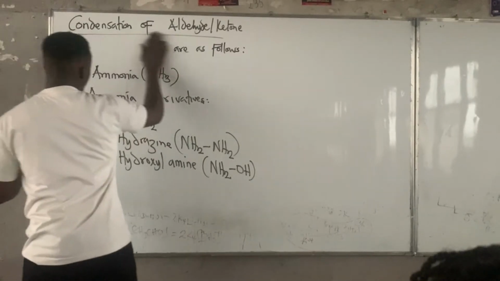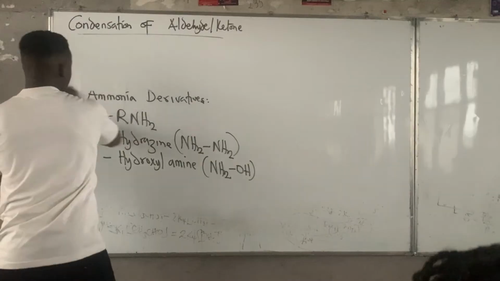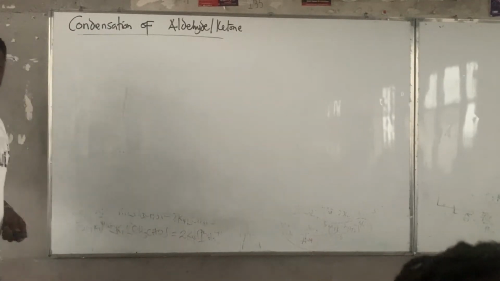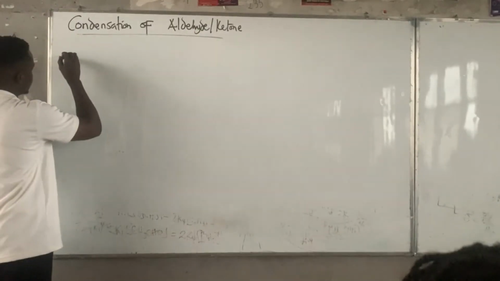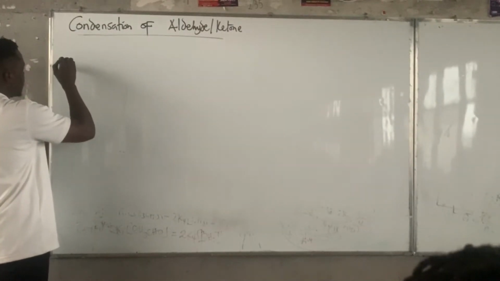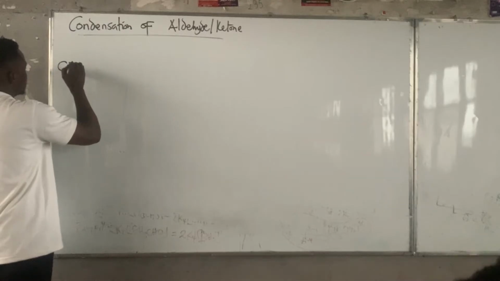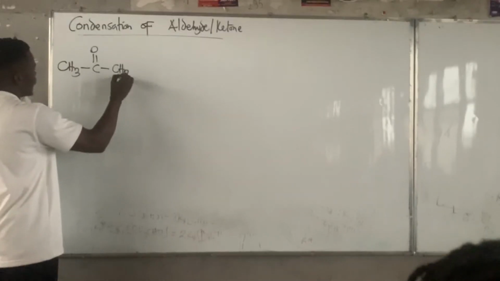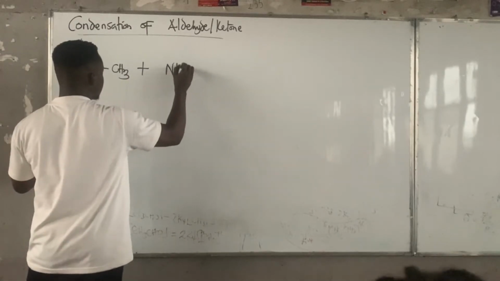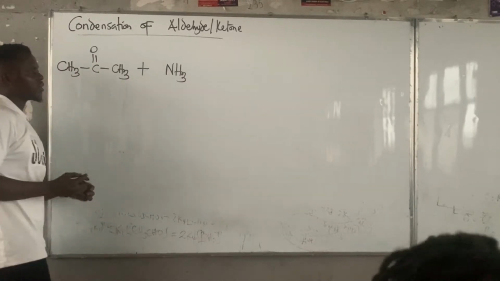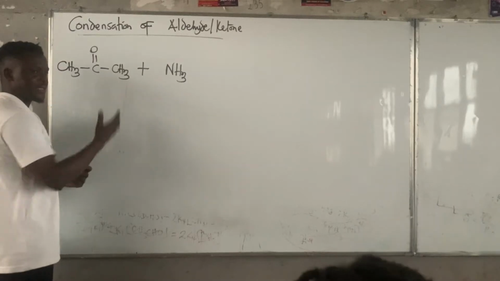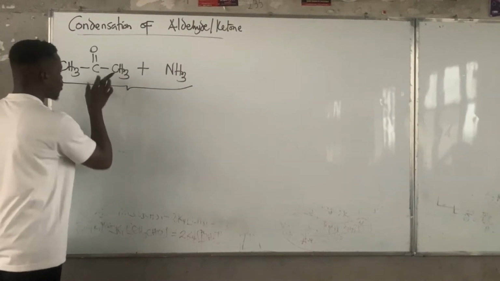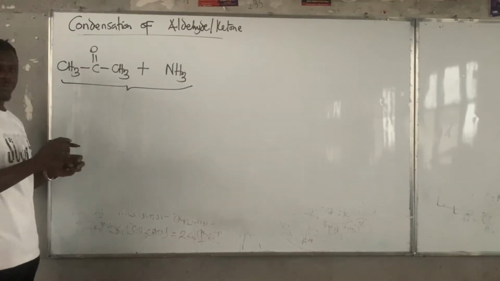Now, let's look at the first one. If I have a reaction with ammonia, let's say CH3 plus. If I want to carry out this reaction, I'm going to rewrite this so that you see how we're going to form our product.